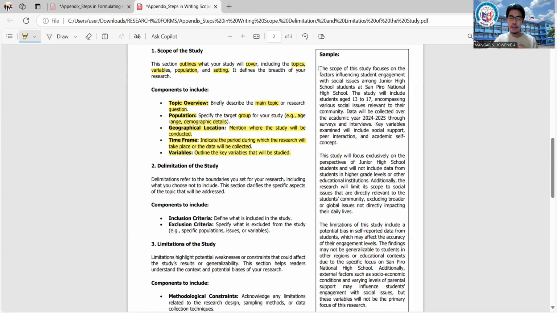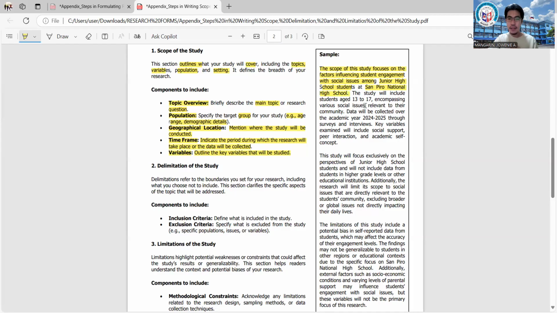So it is clear that the researchers were able to provide the general overview about the topic, and ito yung topic nila. Factors influencing the students' engagement with social issues. And then, ano yung population? It will be conducted among, population na tayo, junior high school students, okay? Saan? San Pedro National High School. So it is a public school.